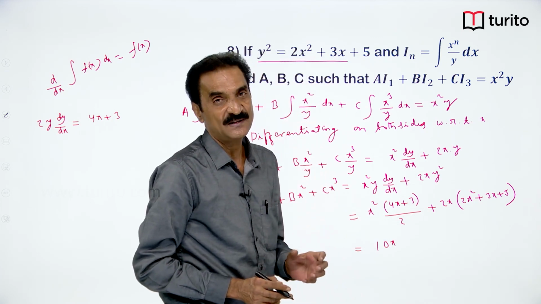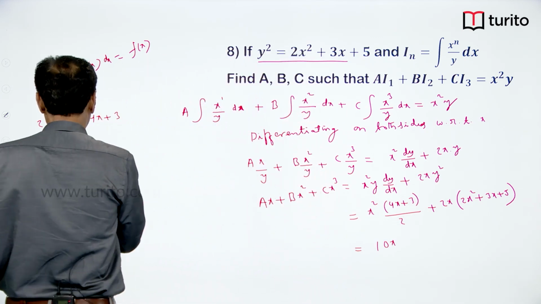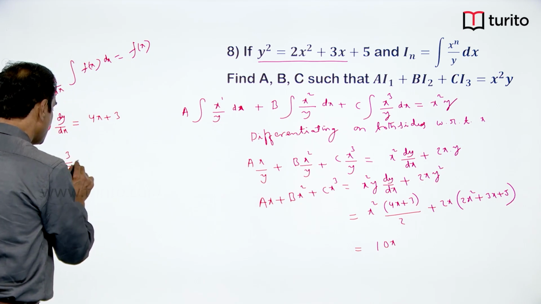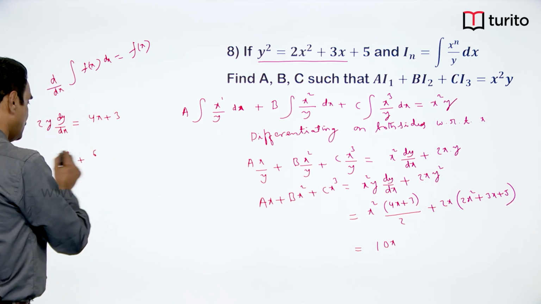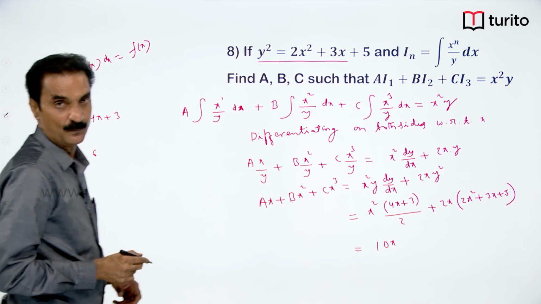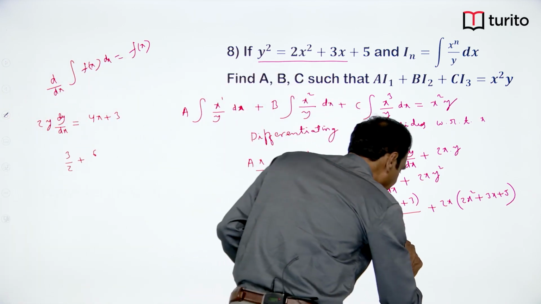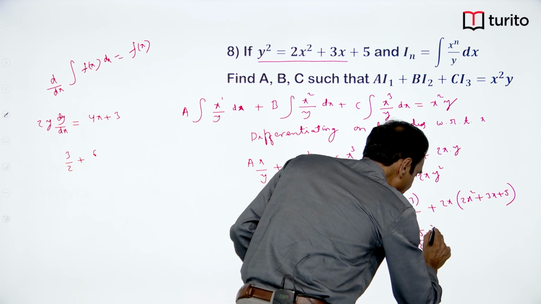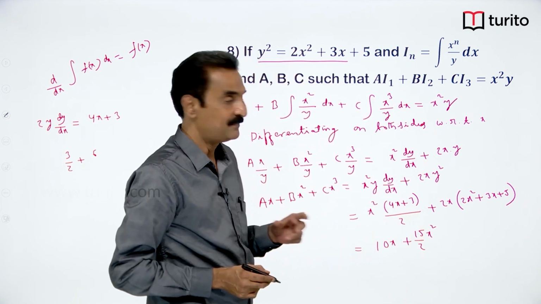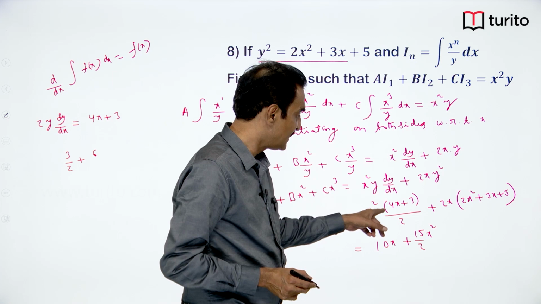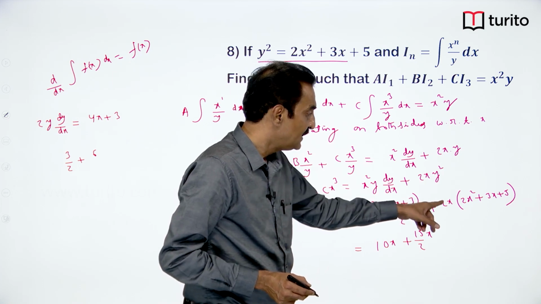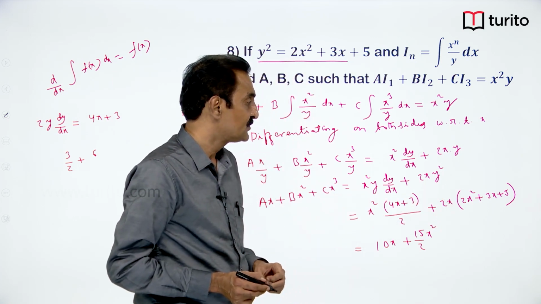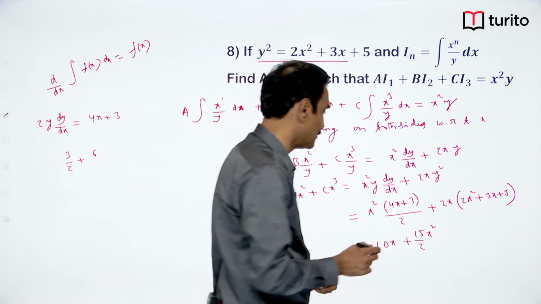So 3 by 2 plus 6, how much? 15 by 2. So plus 15 by 2 into x square. Now the third degree term. The third degree term is here 2x cube, here 4x cube. So 2 plus 4, 6x cube.